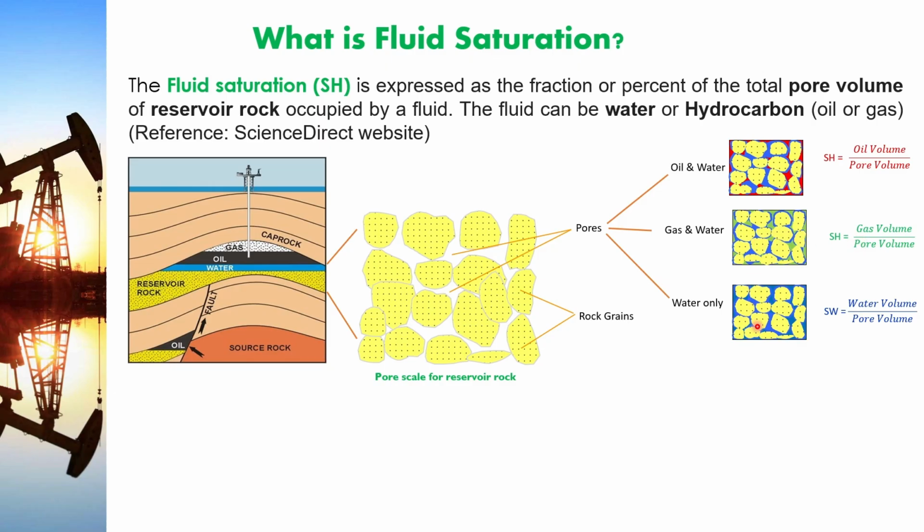And the percentage of the pore space filled with water is called water saturation. If the reservoir is occupied with oil or gas, it's called a hydrocarbon reservoir, which is our main target for production, and you will hear me using this terminology a lot, hydrocarbon, during the session.